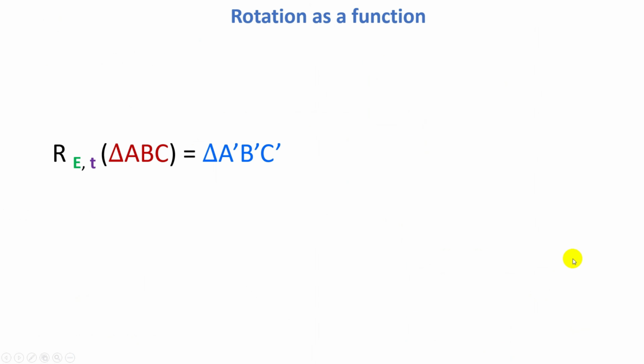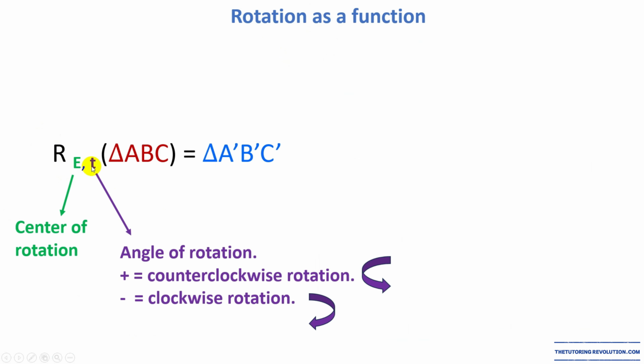Now we're going to see the rotation as a function. Basically, this R represents rotation. This E represents the center of rotation. This T represents the angle of rotation. When this angle is positive, we're moving counterclockwise.